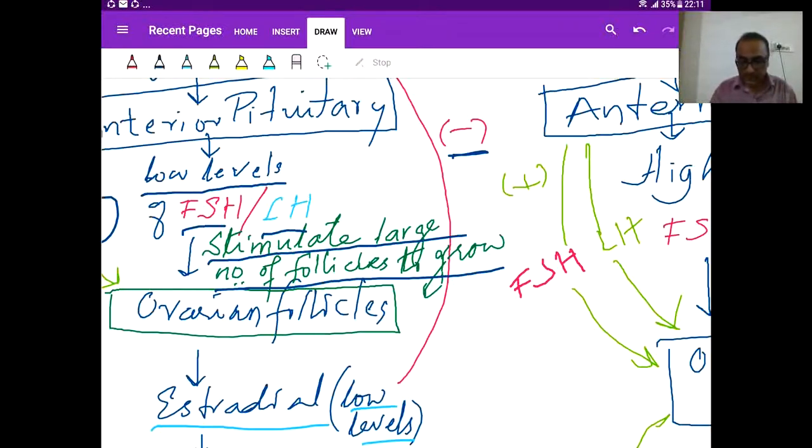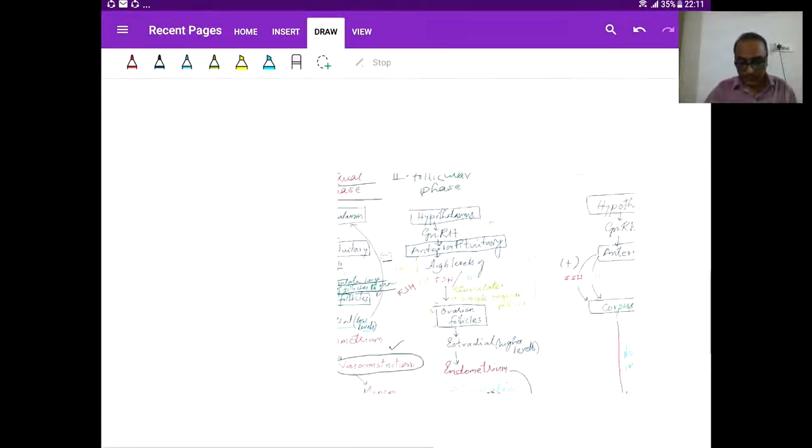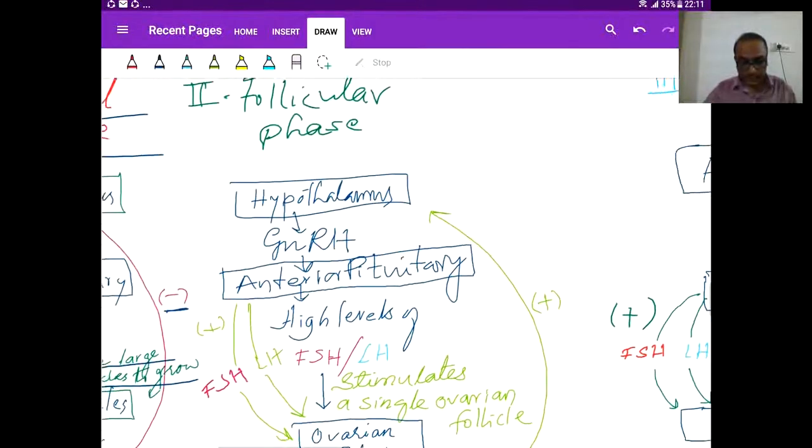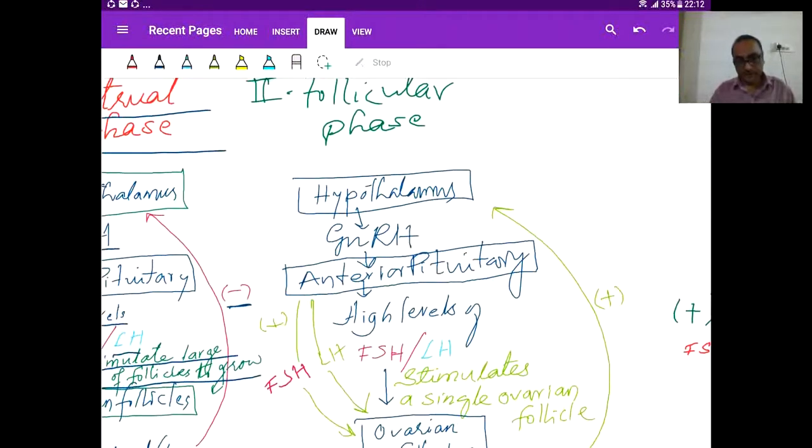Now let us take up what happens during the follicular phase.